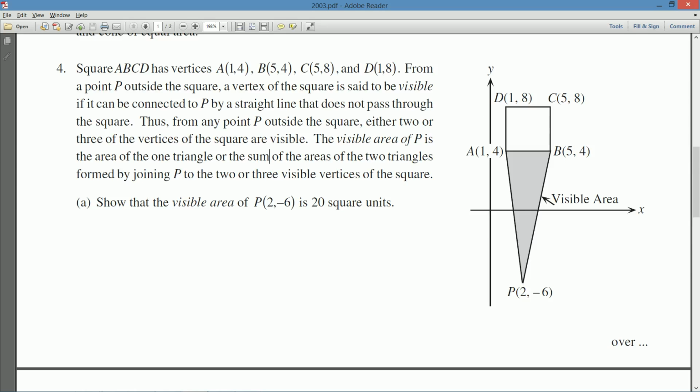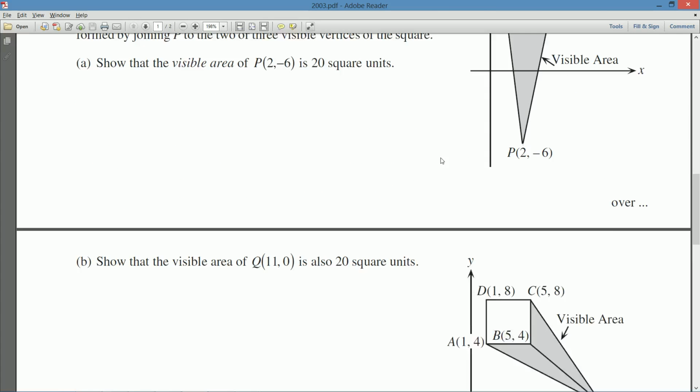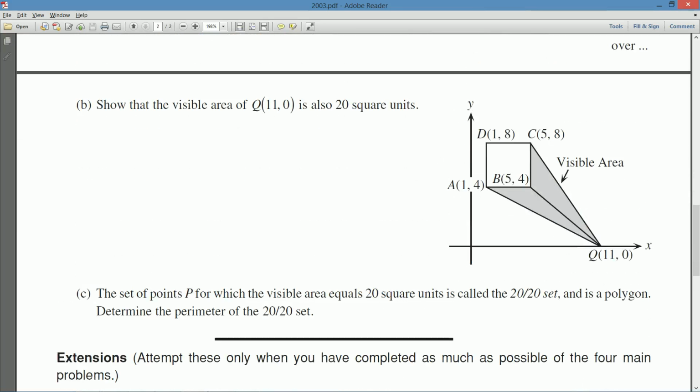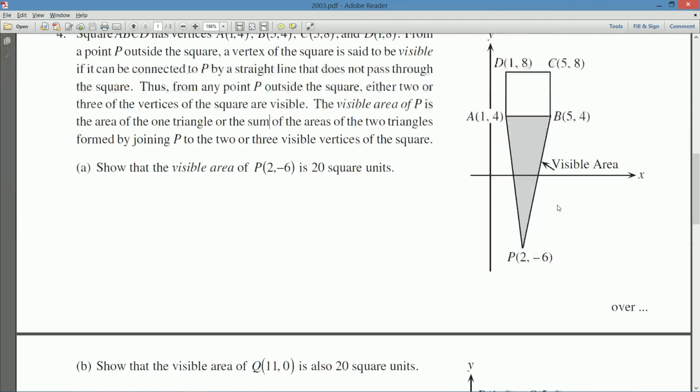So here we have P, and we can see A and B. We've connected A, B, and P. That's a single triangle. And in one of the later ones, here we go, this Q can see A, B, and C. So we have 2 triangles, and that gives us the visible area there.